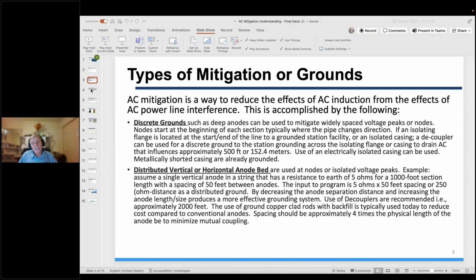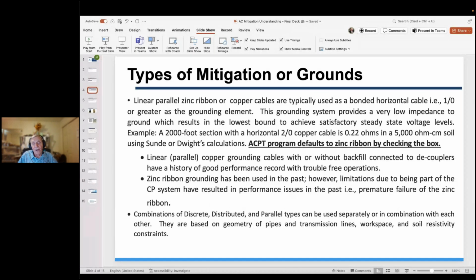We're going to talk about decouplers in a couple minutes, but just FYI, decouplers, whether it's a decoupler or a PCR, polarization cell replacement, are usually rated about 45 amps to drain, and the PCRs can go up to 80 amps.